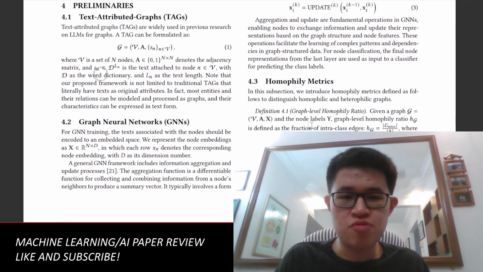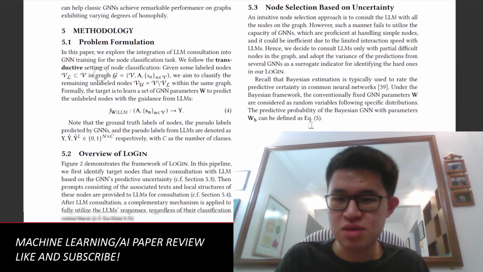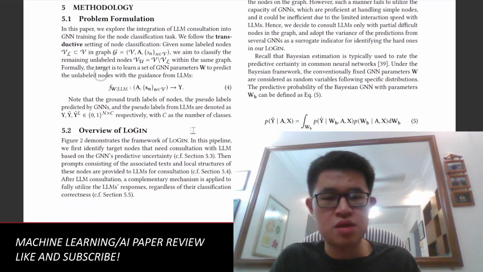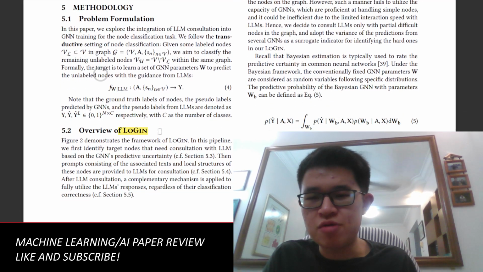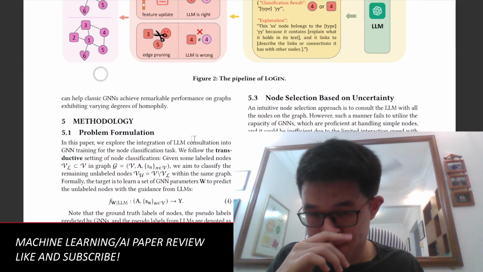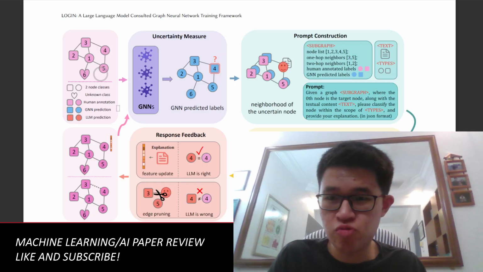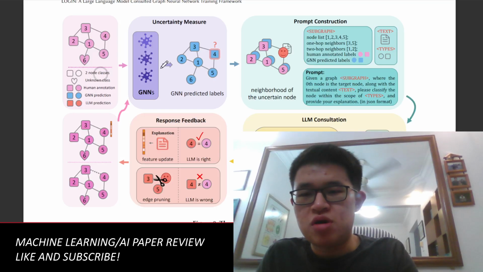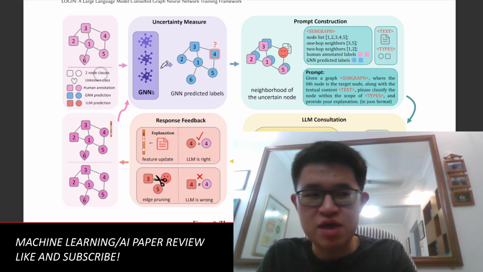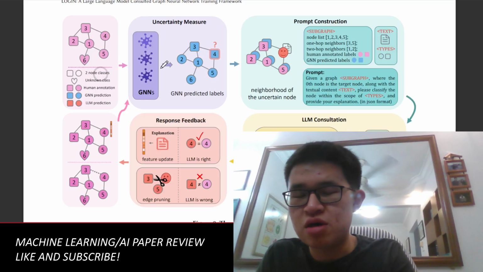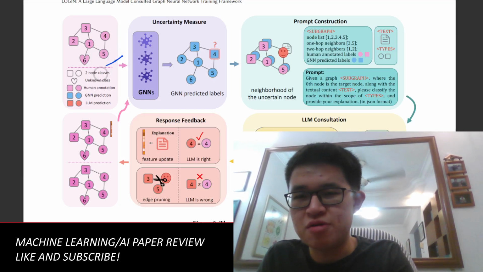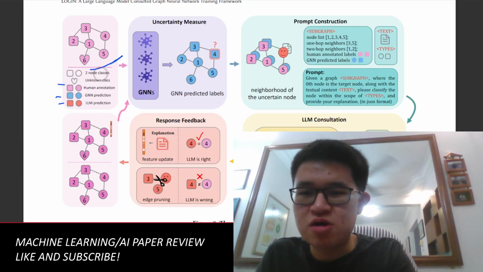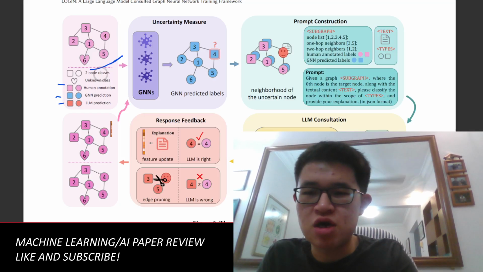So, okay, we can skip some parts here. Their login approach, hate that name. Okay, so let's take a look at the figure here. I'm just going to do some guesswork because I'm not going to read the entire paper now, given that the results are kind of bad. So, human annotation, GNN prediction, LLM prediction. Okay, got it.